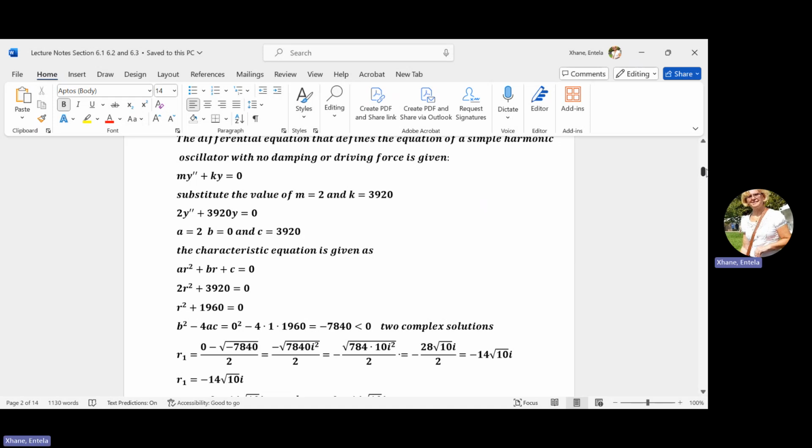So the characteristic coefficients are a equals 2, damping coefficient b equals 0, and c equals 3920. So therefore, ar squared plus br plus c equals 0 is 2r squared plus 3920 equals 0.